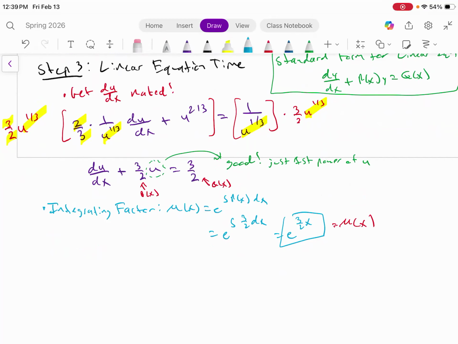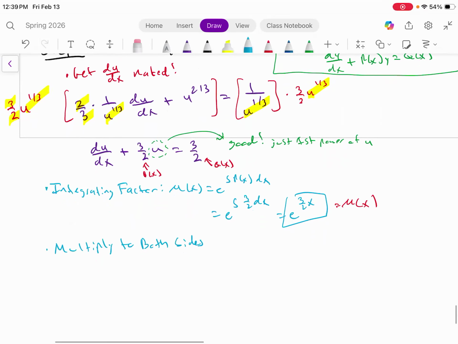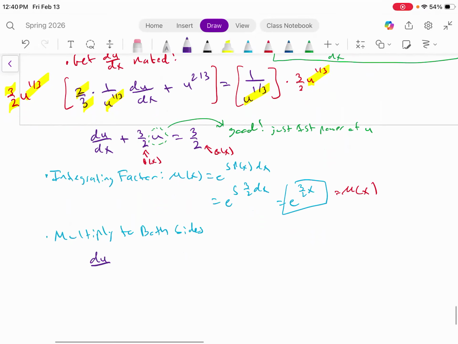And so we want to multiply to both sides. Let me just rewrite it: du over dx plus 3/2 u equals 3/2.